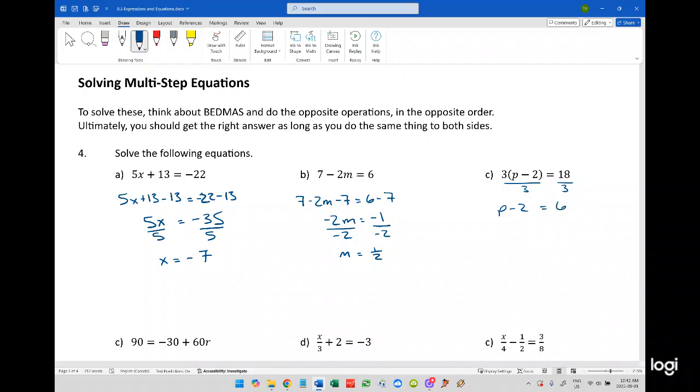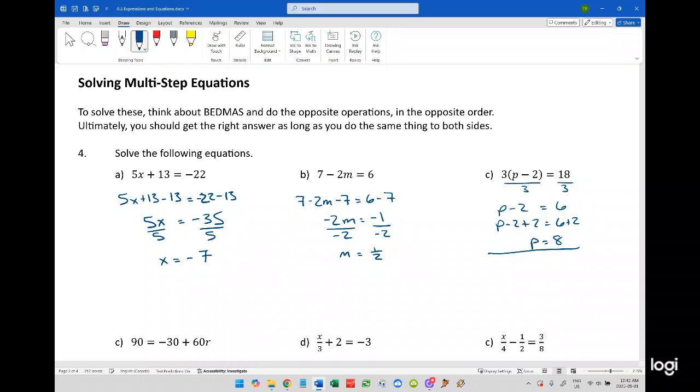And then what I can do is p minus 2 plus 2. Sorry, I said 2 and wrote p. Minus 2 plus 2. And I did the same thing on the other side, didn't I? Oh, my brain and my mouth are not in sync today. So that gives me p equals 8.